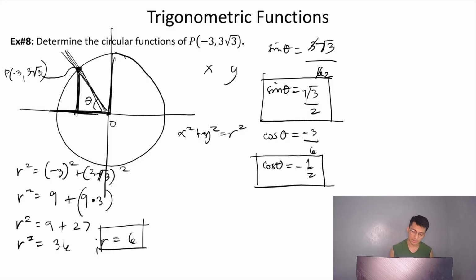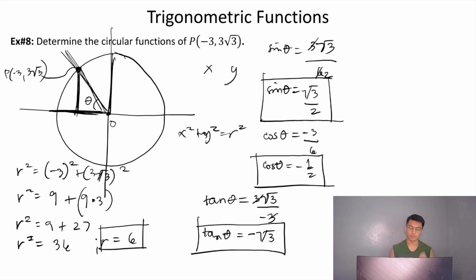For tangent theta, we have opposite over adjacent. The opposite is 3 square root of 3 over negative 3. So, cancel. Ang sagot na lang natin, we have tangent theta is equal to negative square root of 3.